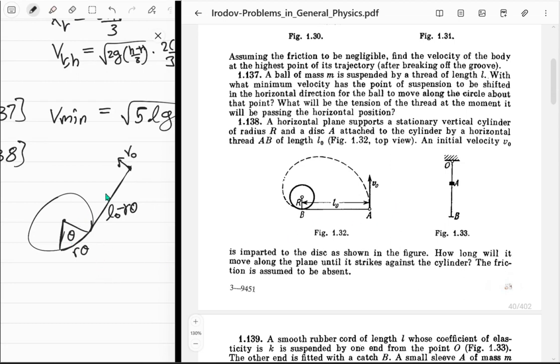Now you can think of it as momentarily doing circular motion about this point. In reality, of course, it's slightly different than that, but I really want to think of it as rolling motion, the disc rolling as seen by this point.